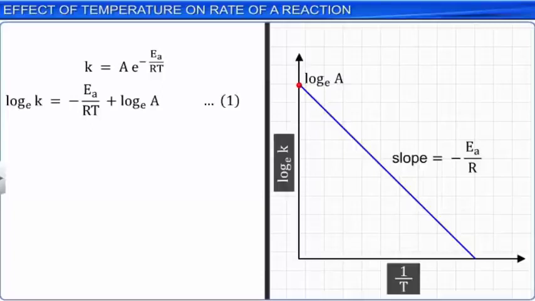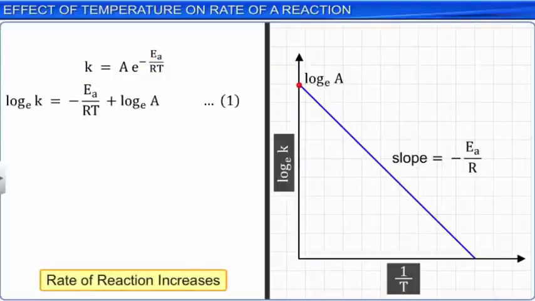From the graph, we can see that as the temperature increases, the rate constant increases exponentially. As a result, the rate of reaction increases.